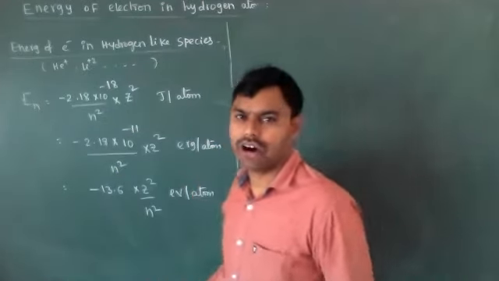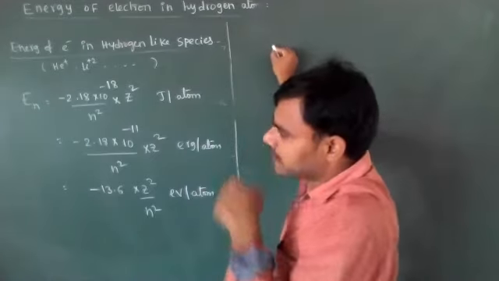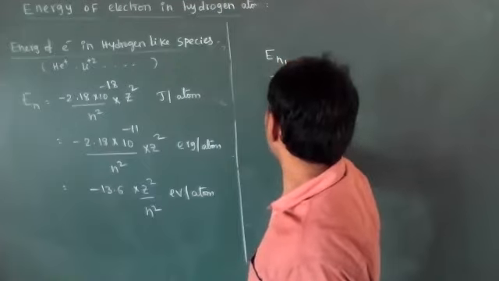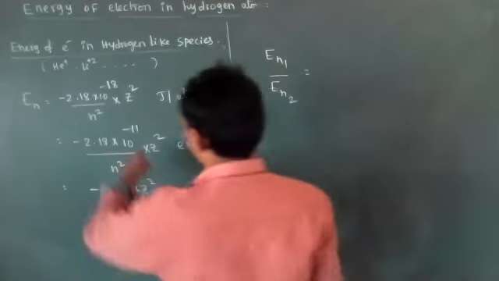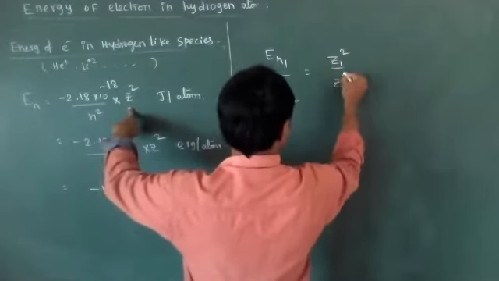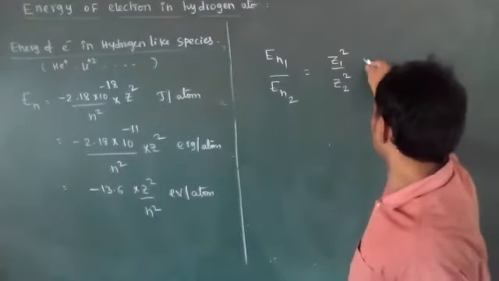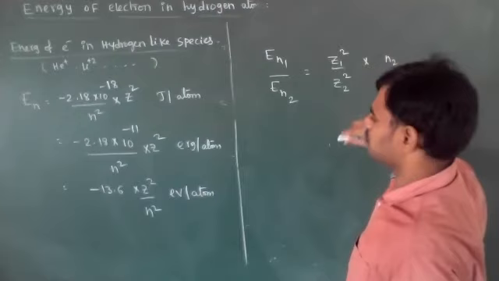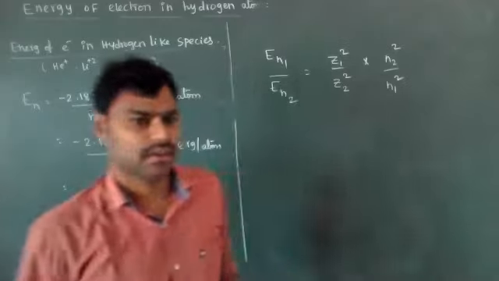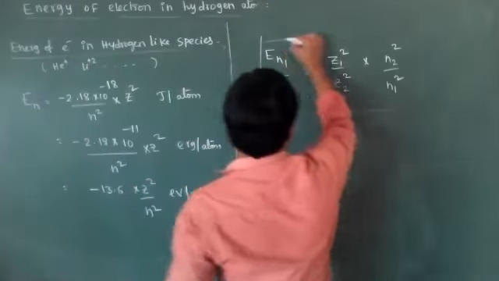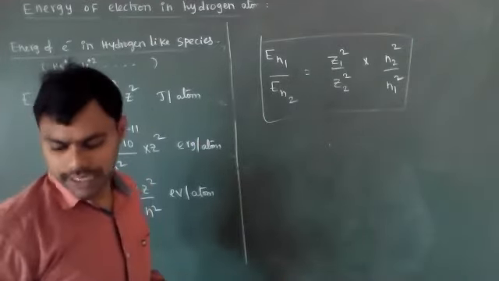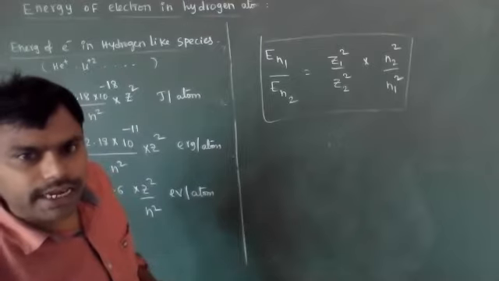Then the energy ratio of electrons present in different orbits, En1 by En2, is equal to Z1 square by Z2 square into n2 square by n1 square. So this is an important relation. Problems related to this relation also come in objective examinations. Okay students, this is for the energy formulas.